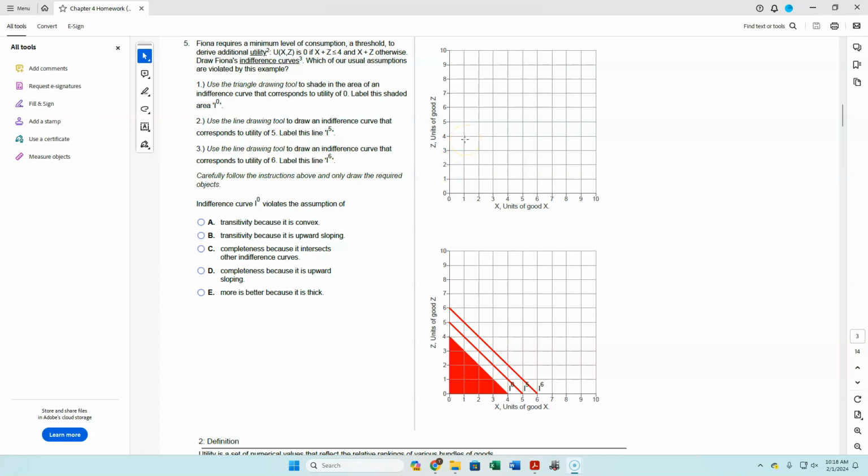Now, if we were told here we've got indifference curve 0, which is implied here, indifference curve 5 here, indifference curve 6 right here, the question is what would be the problem with indifference curve 0?